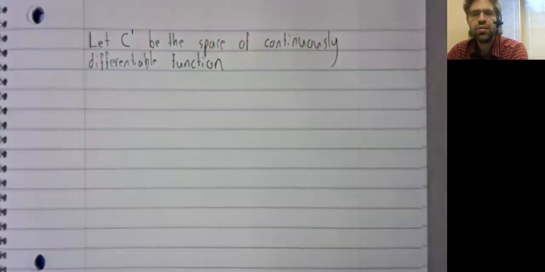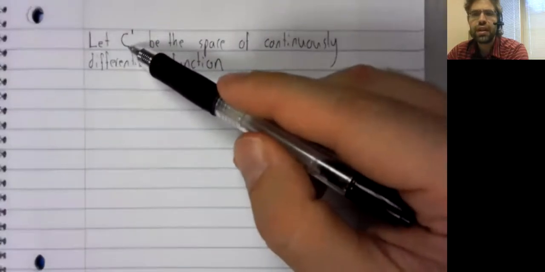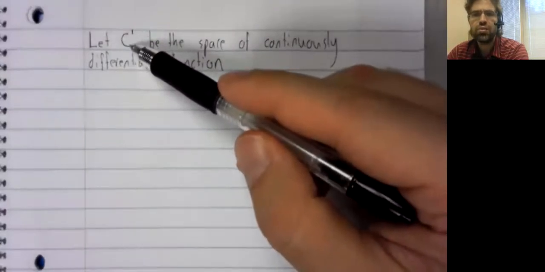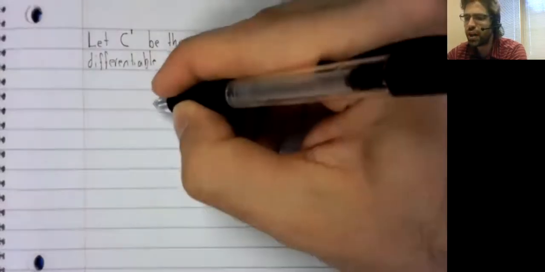That is, it's the set of differentiable functions whose derivatives are continuous. We claim that this is a vector space. We know that the space of functions is a vector space, so we show that C1 is a subspace of that.